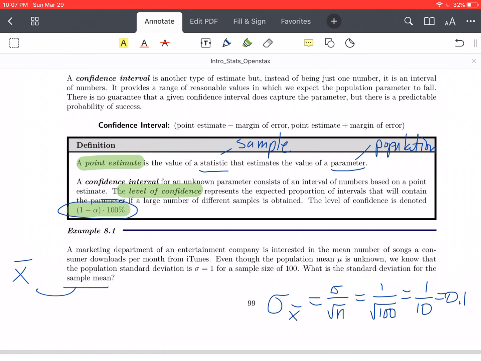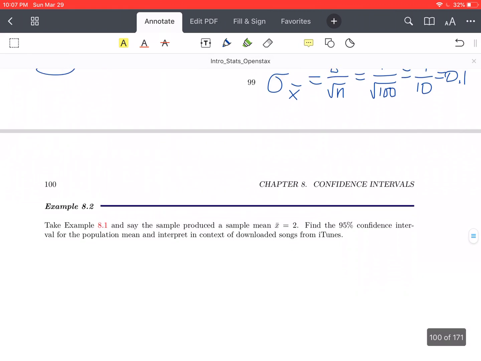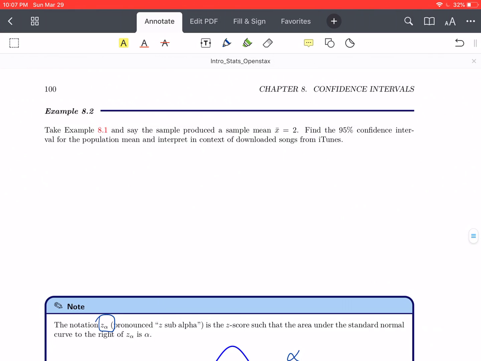If we say we want 95% confidence, then the alpha value is what's left: 0.05, or 5%. So that 1 minus alpha gives us that level of confidence. Now, in order to find the value that we want, let me draw a normal curve here.